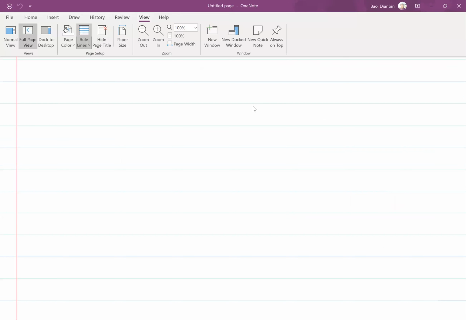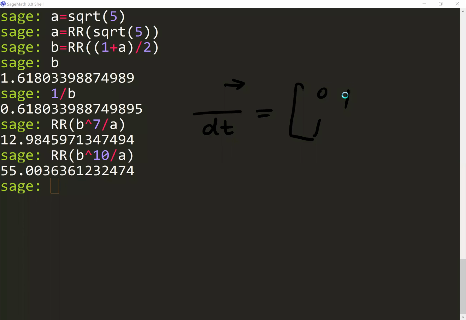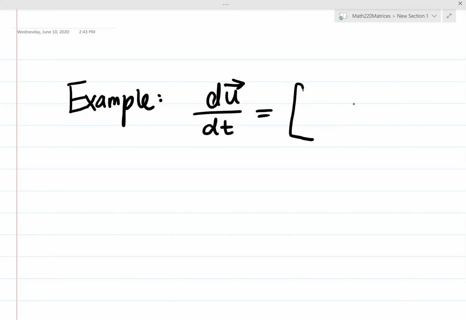Okay, let's see this example. du over dt is the matrix 0 1 1 0 times u. Here u is xy.